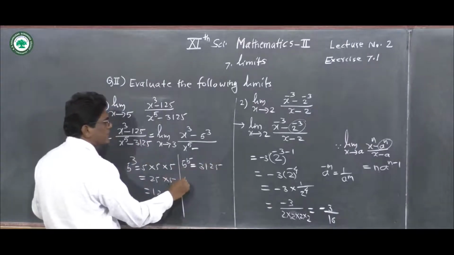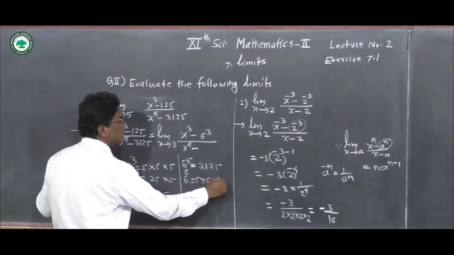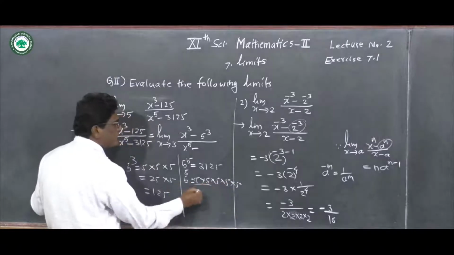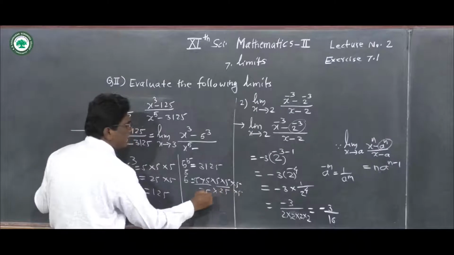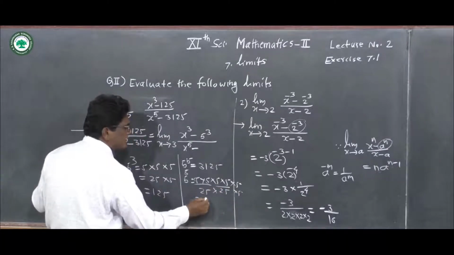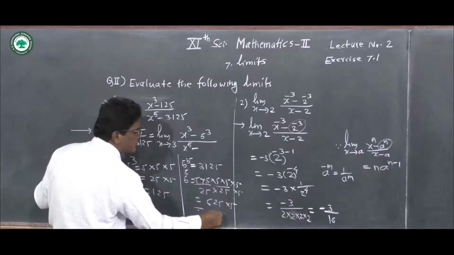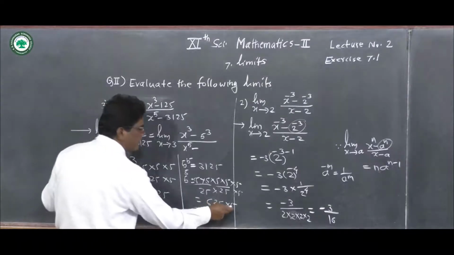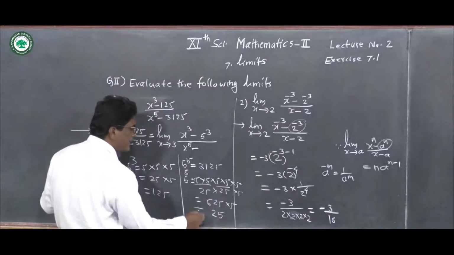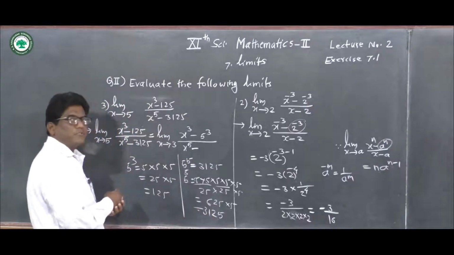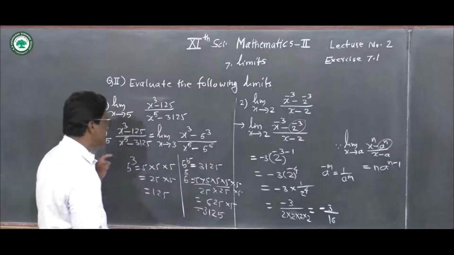Take the product: 5 to the power 5 is 5 into 5 into 5 into 5 into 5. 5 fives are 25, 25 fives are 125, 125 fives are 625, and 625 fives are 3125. So 5 to the power 5 is 3125.